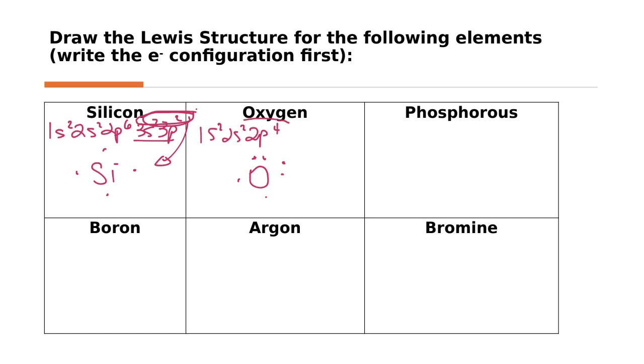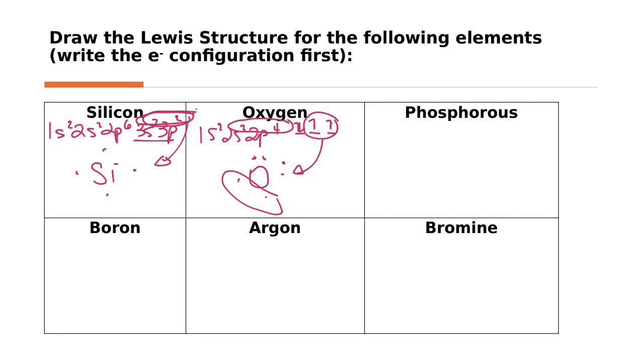When we look at the second energy level, there are 6 valence electrons there. If we expanded our 2p orbital, 1, 2, 3, and we put 4 electrons in, there's our first 3, there's my 4th that's paired up. I have 2 unpaired electrons, and we notice that down here in the Lewis structure of oxygen.